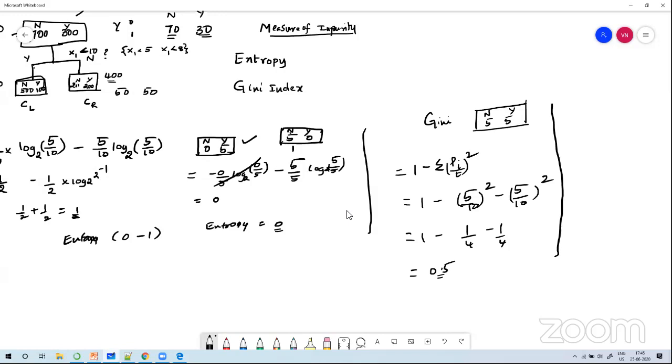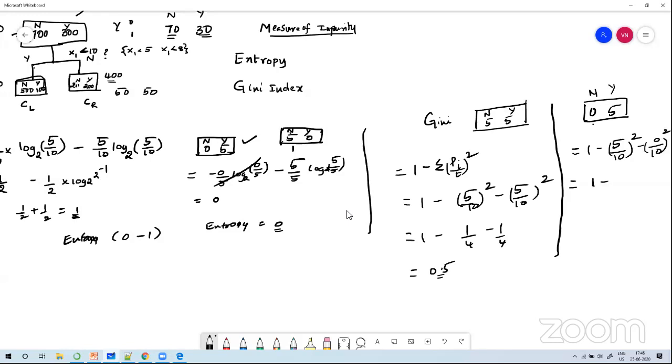And for a perfectly pure node, which is going to be like this, 0 for no category and 5 for yes category. 1 minus 5 by 10 whole square minus 0 by 10 whole square.